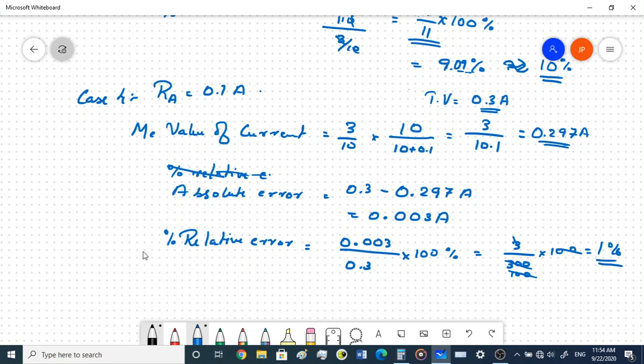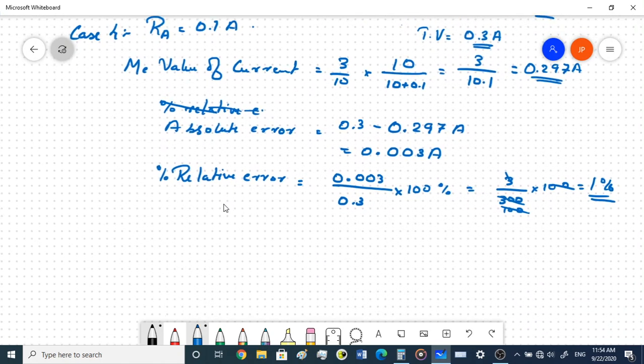So this value will come out as 1%, which is quite low in this case, but if you can make it even lower, that would be even better.